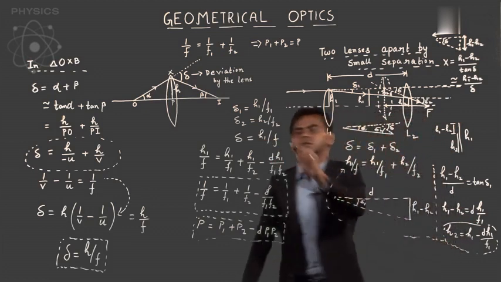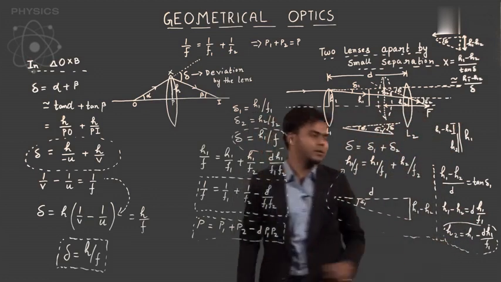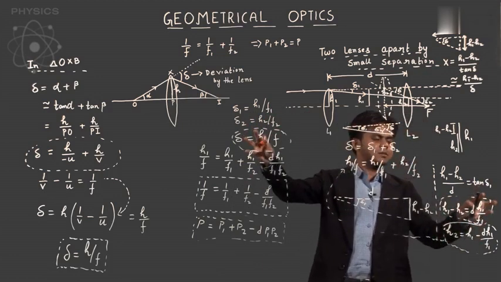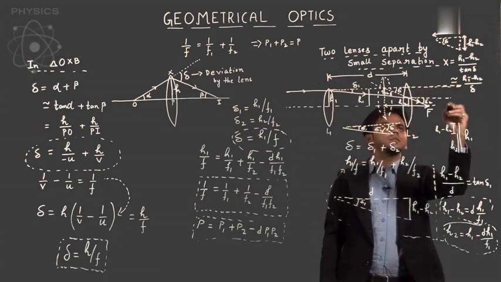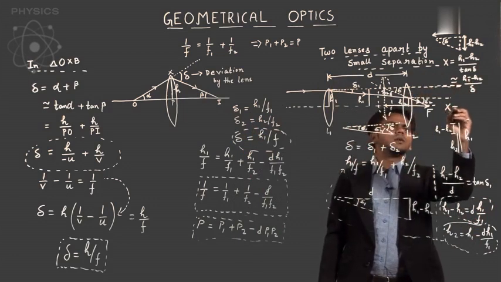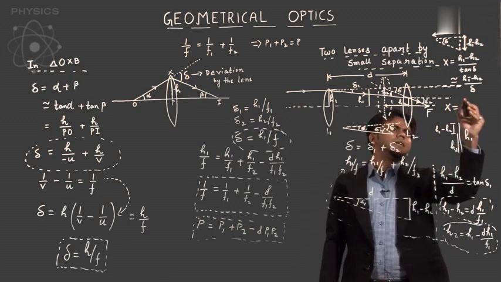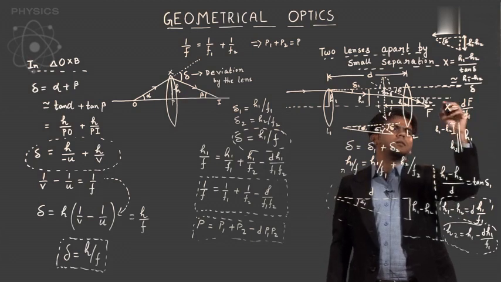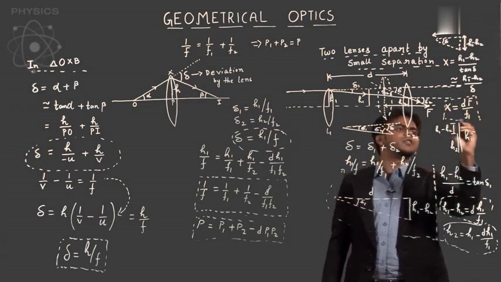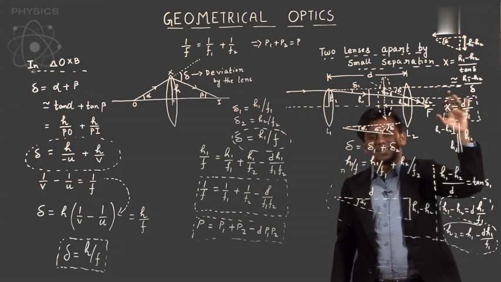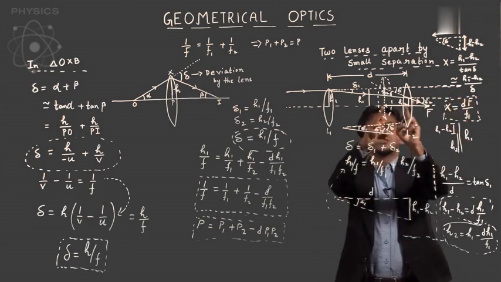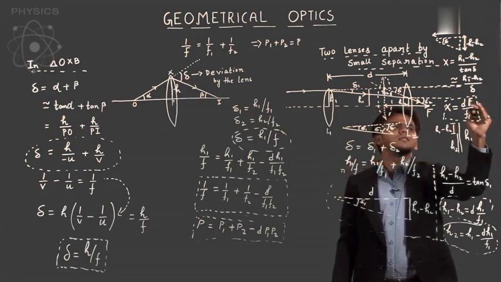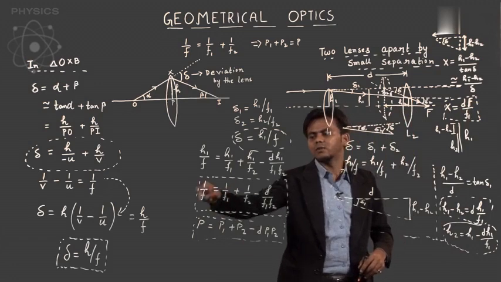So if you use this from here and this from here and put both into here, your x would come out to be d f upon f1, and this is the location for your resultant lens or effective lens. So this length is your d f upon f1. See, this f is your resultant f, which has been calculated from this equation.